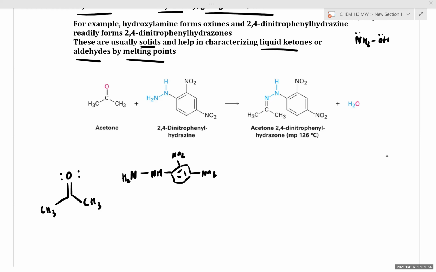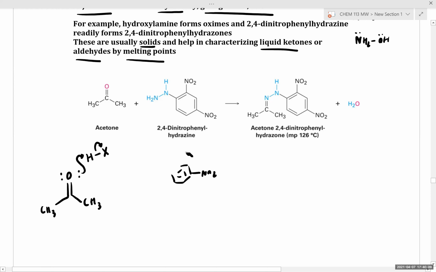So the first step in this mechanism, under acidic conditions, which is textbook for imine formation, we will protonate our ketone, or aldehyde for that matter. And from here, we generate a much more electrophilic carbonyl derivative.